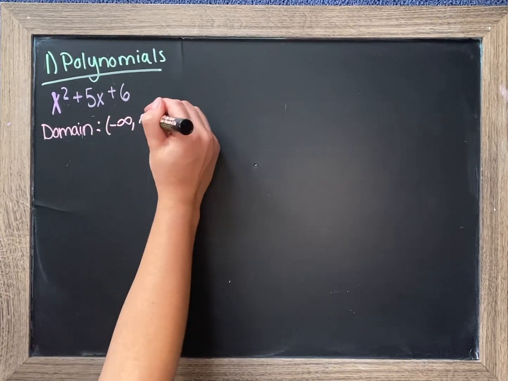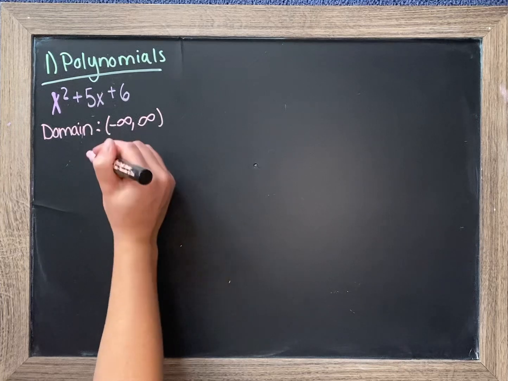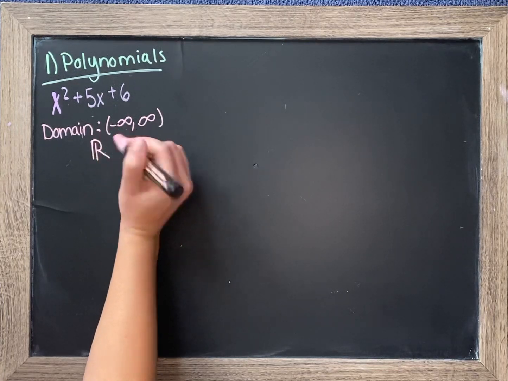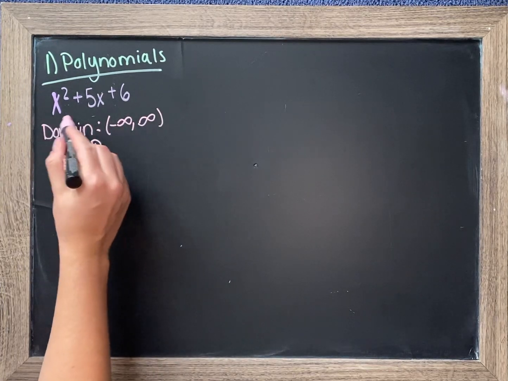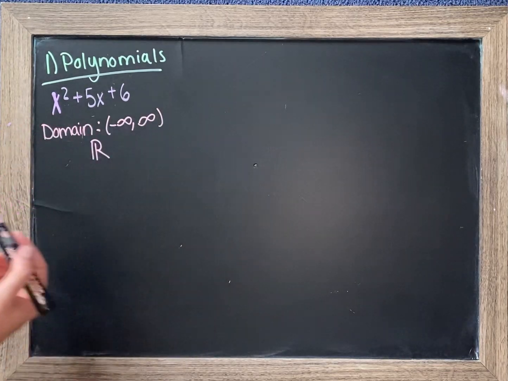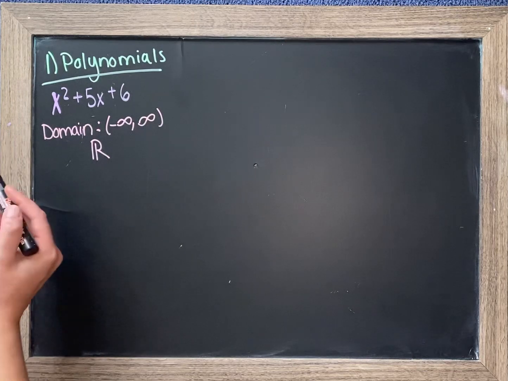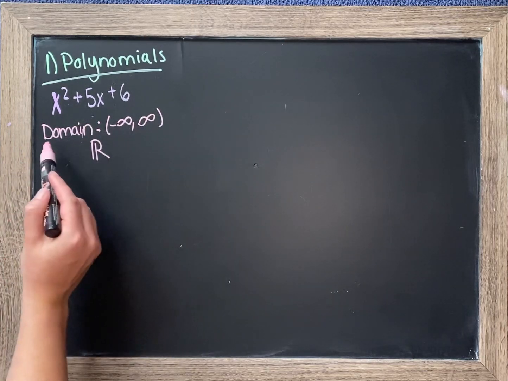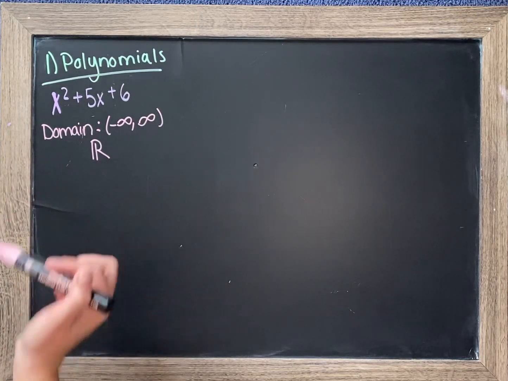It's represented as negative infinity to infinity, because since you have a polynomial, you don't have to worry about this being undefined or anything making this not a real number or a complex value.